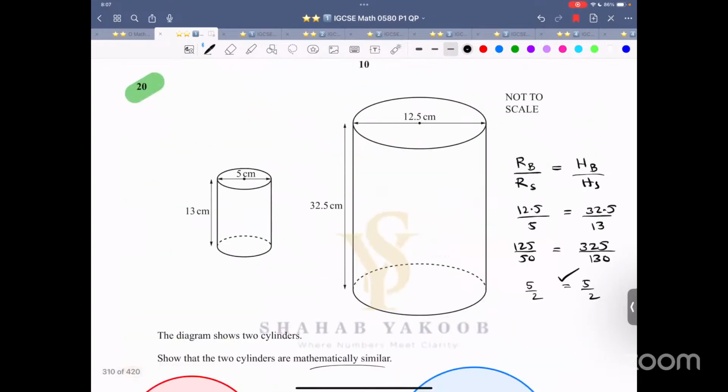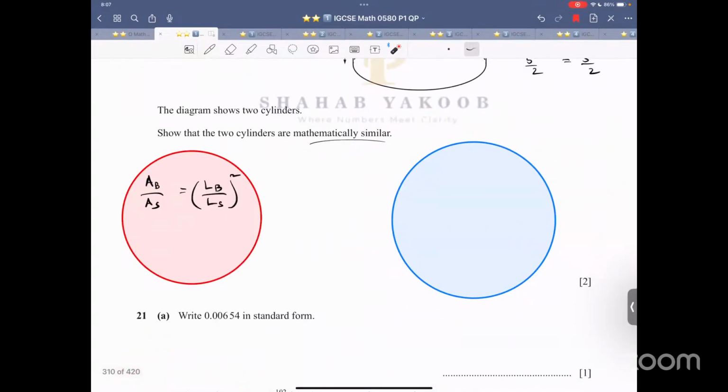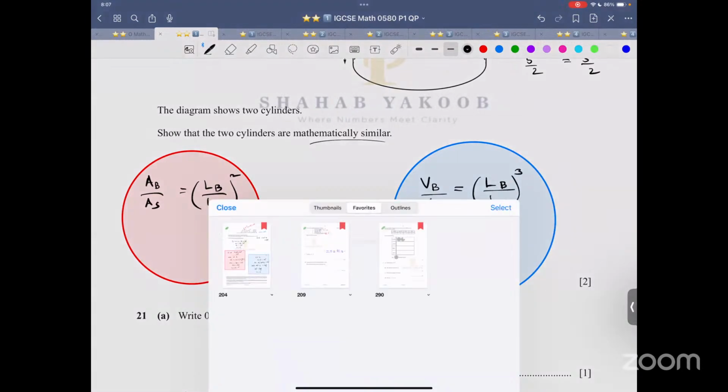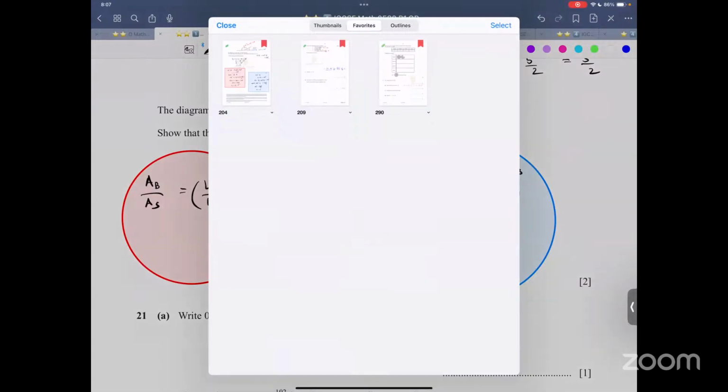Whether that length is the radius or the height, it's the same thing because it's the corresponding ratio. And volume of big divided by volume of small is length of big divided by length of small, the whole thing cubed. So remember these two rules. I think that is enough of this.